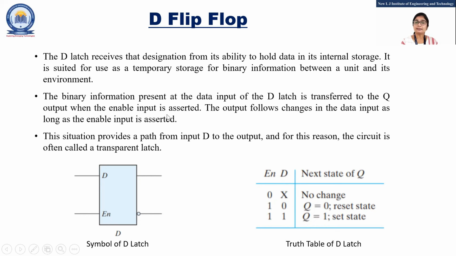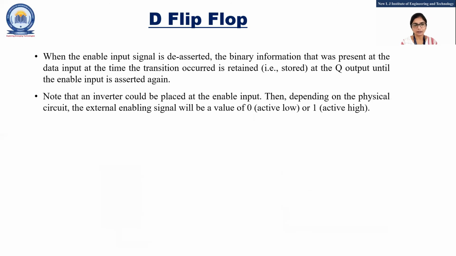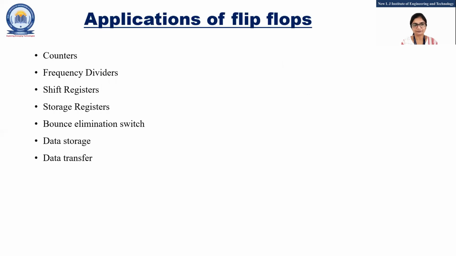So the D latch is nothing but simply holds the data. It will pass the input to the output line after some time. So we are using the enable line, right? That is nothing but the simple latch. Whether active high or active low, the circuit will depend on this enable input.